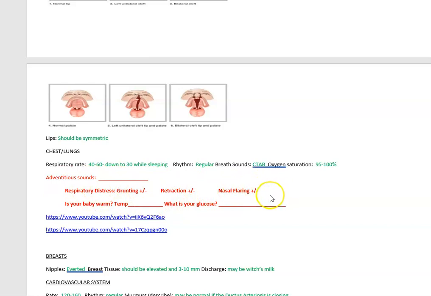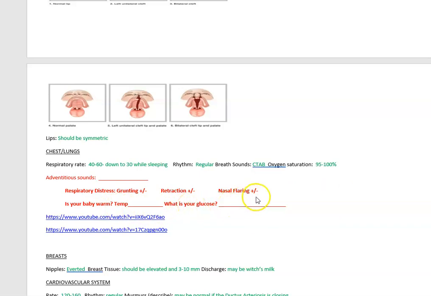So a lot of times they are burning calories very quickly, so they need to access their glucose. As you learned in Anatomy and Physiology, well, actually Physiology 2, babies are born with brown fat, and so that brown fat helps them to regulate their temperature and their glucose.